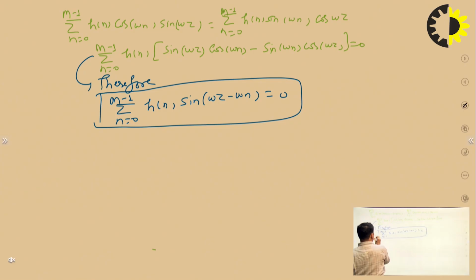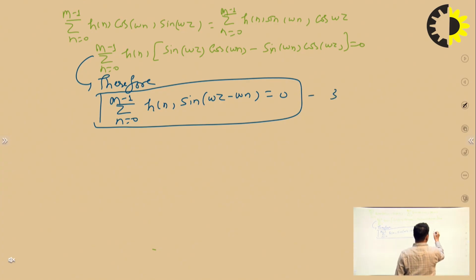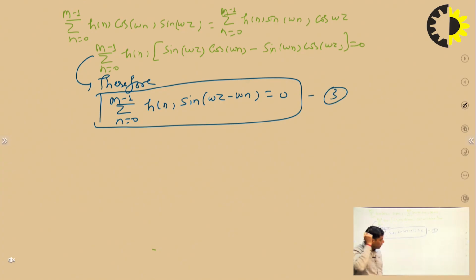So we have derived this equation. Let us say the equation number is 3: summation n equals 0 to m minus 1 of h(n) sin(omega tau minus omega n) equals 0.